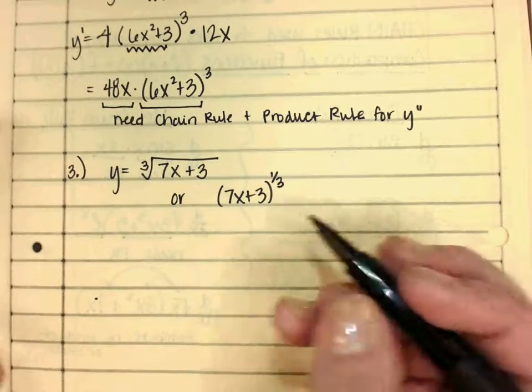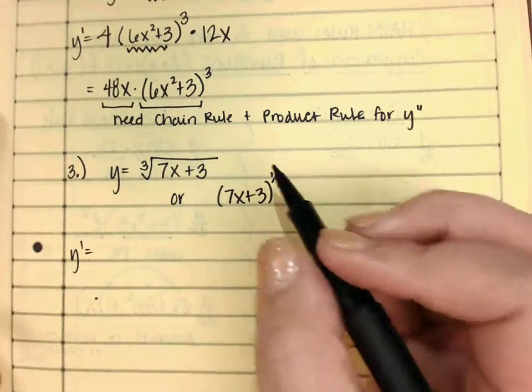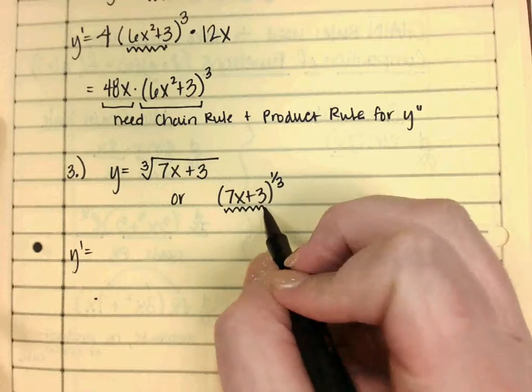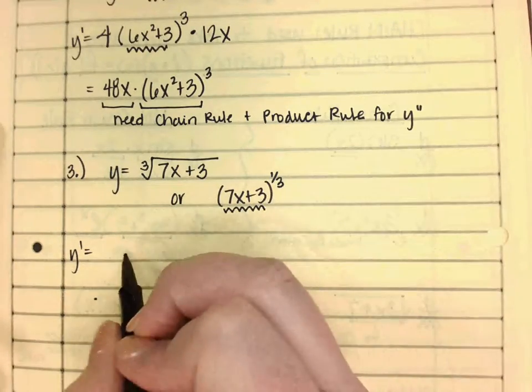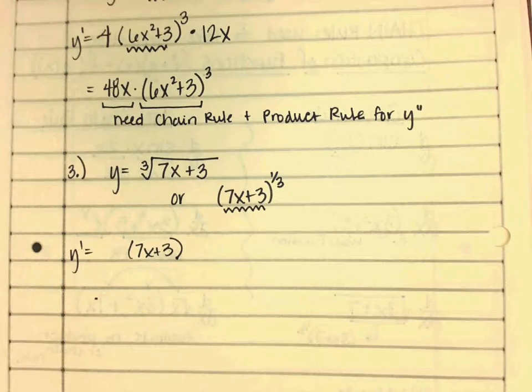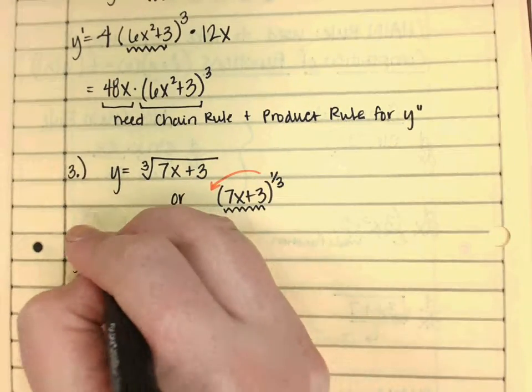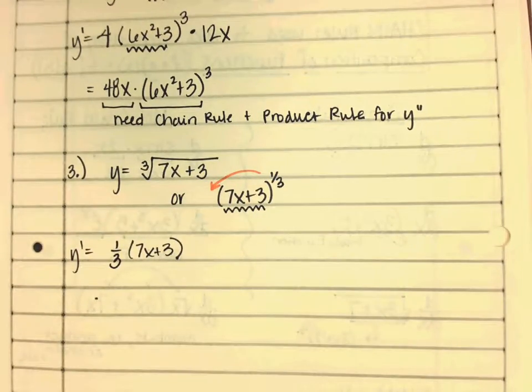So the derivative we're going to call y prime. Remember that initially, the middle does not change. If it was a 7x plus 3, it is still a 7x plus 3. But I'm going to take the derivative around that core. So my 1/3 is going to times down to the front, just like regular power rule. And then when I take away, I'm taking away 1, which is like a 3/3.